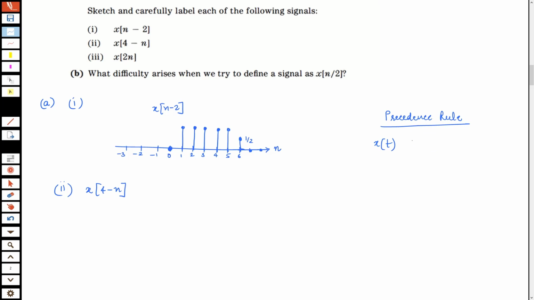If there is some signal x(t) and you are asked to sketch x of at plus b, right? That means a is the scaling factor and b is the translation factor or shifting factor, means the amount by which the signal is shifted.